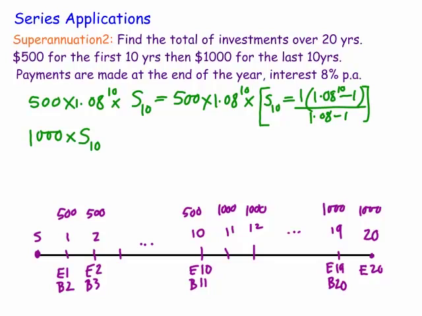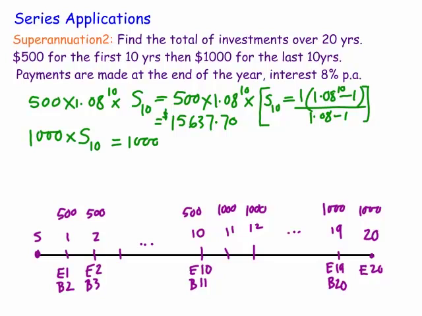Let's work out what that is. I think that works out to be $15,637.70, so the total is about 15,000, 637.70.